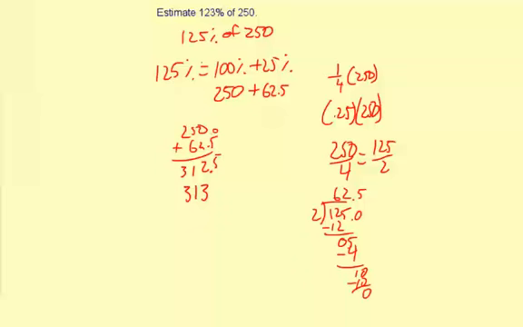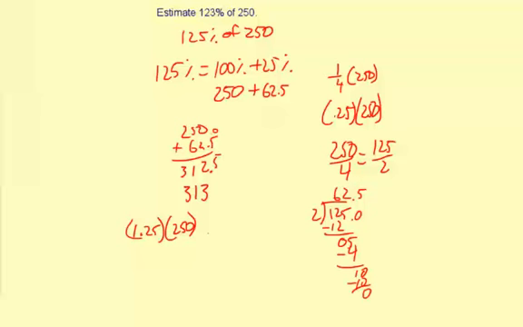And another way to do this one, besides adding 100% plus 25%, is you could just say 1.25 times 250. And then you can multiply that out, and that'll give you another estimate.